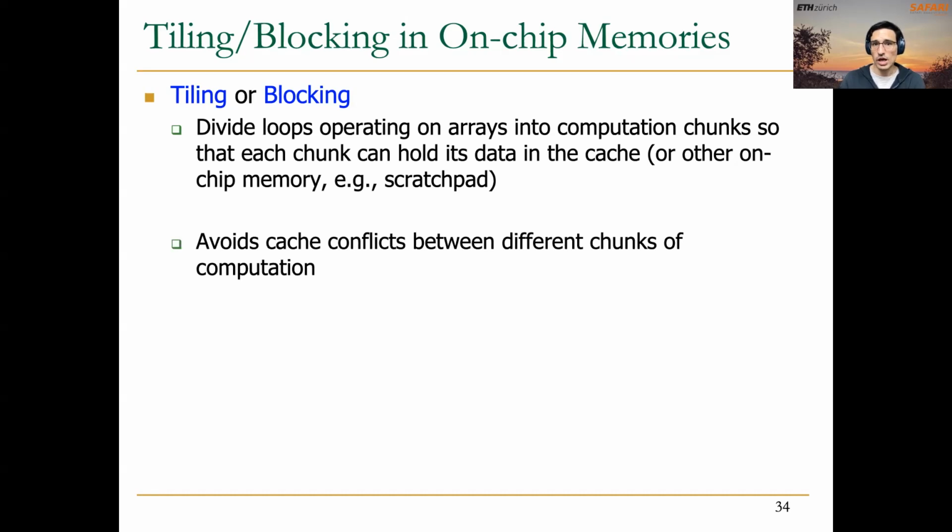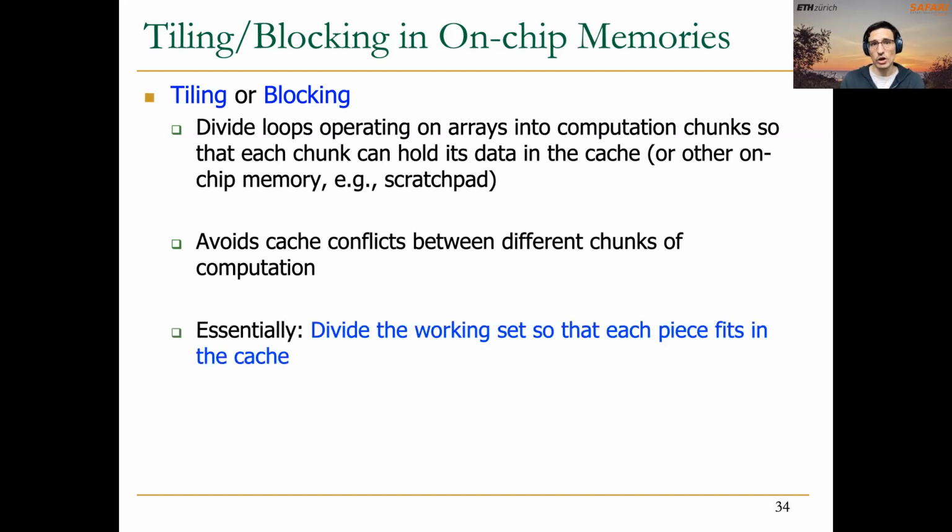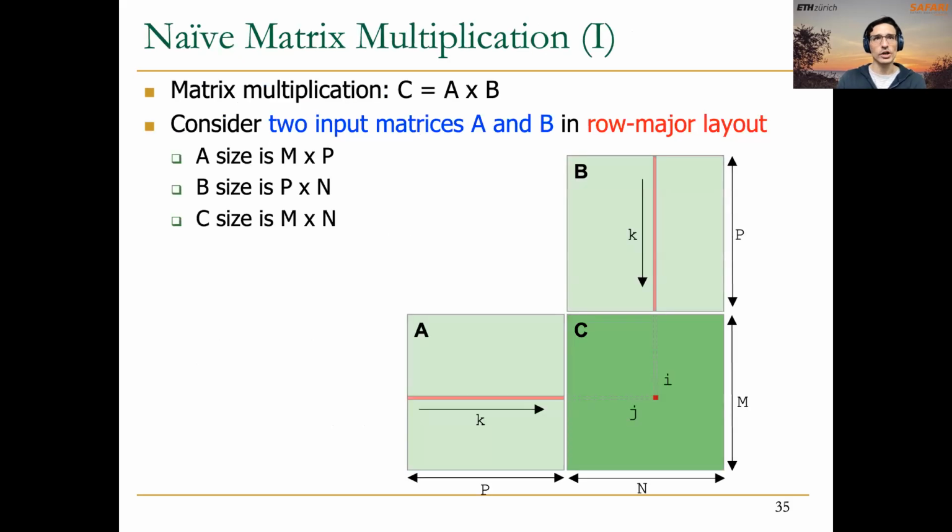Using tiling or blocking avoids cache conflicts between different chunks of the computation, and essentially consists of dividing the working set so that each piece fits in the cache. We are going to first see one example for CPUs, and then we will see a more elaborate example for GPUs.